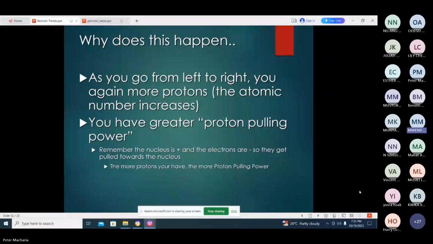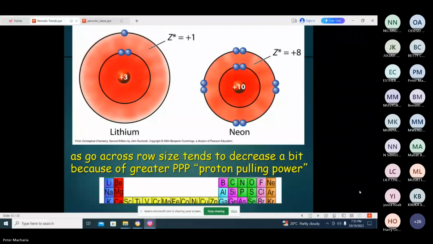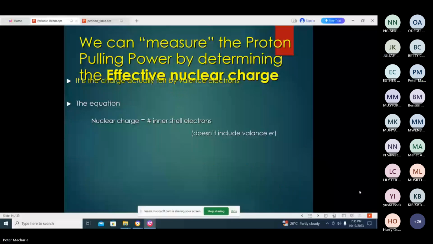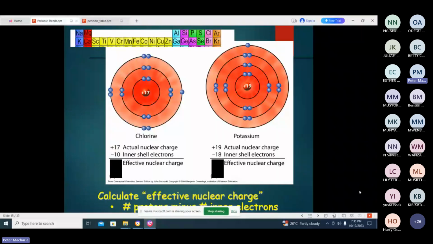Now, usually when you add an electron in the same outermost shell, it does not shield those other electrons in the same principal quantum level because you're adding it sideways, not in front of those other electrons, isn't it?